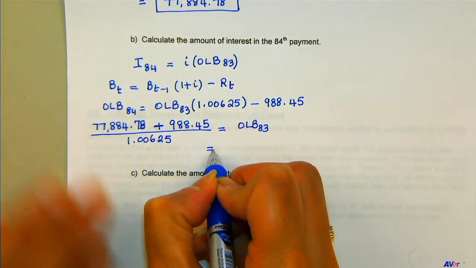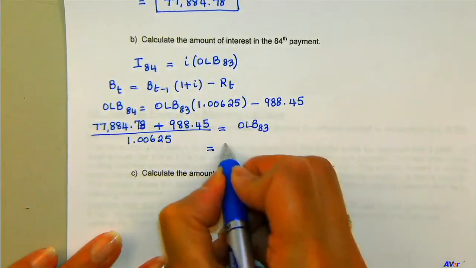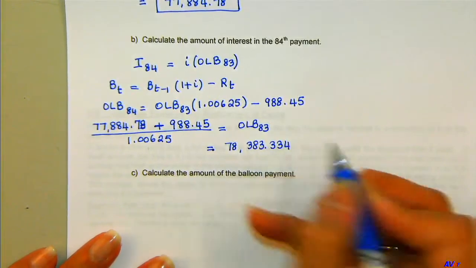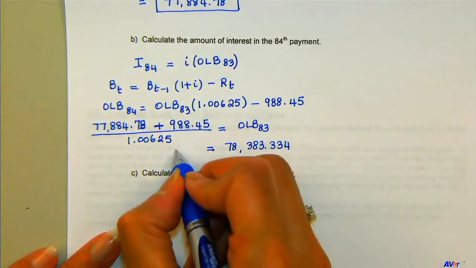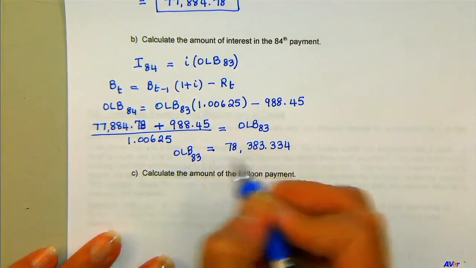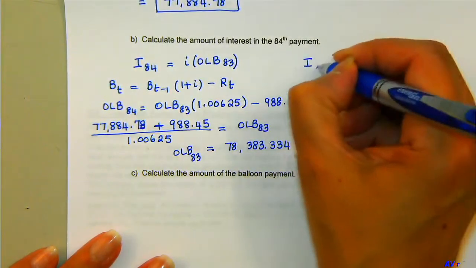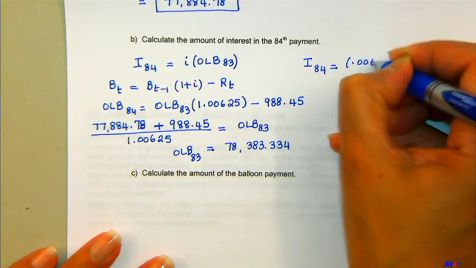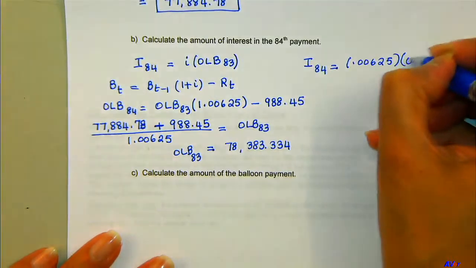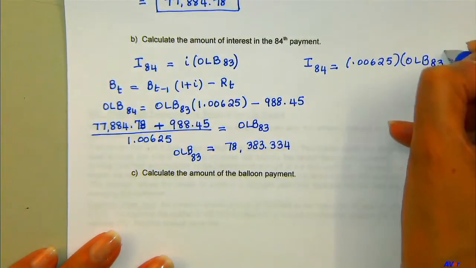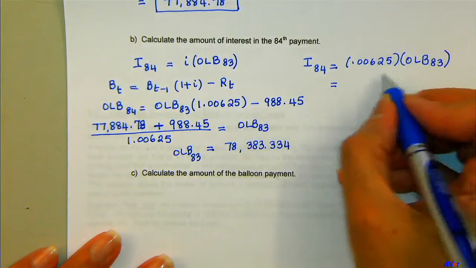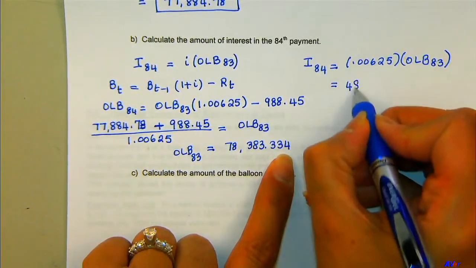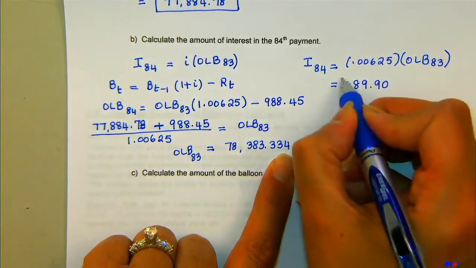And that turns out to be 78,383.334. Once I have OLB 83, I plug in I-84 equals lowercase i, which is 0.00625, times OLB 83. And plugging this value in for OLB 83, I get 489.90.